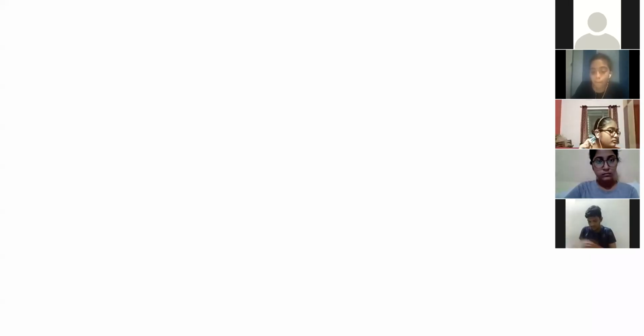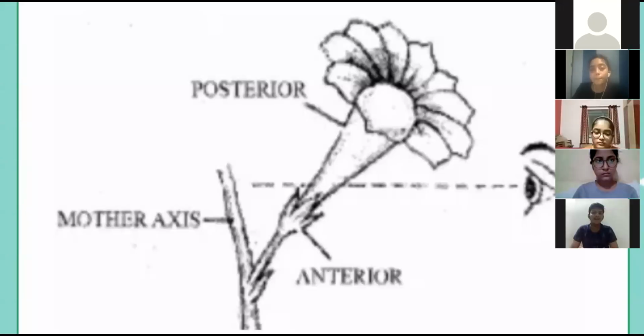Now, to make a floral diagram, first of all, you have to understand the mother axis. Now, what is this mother axis?